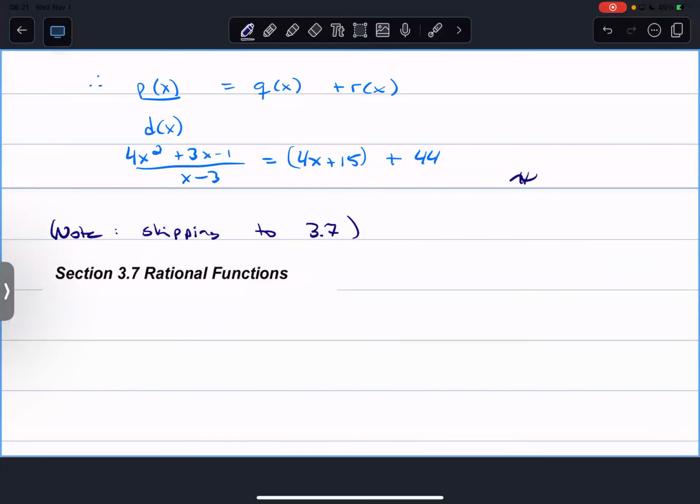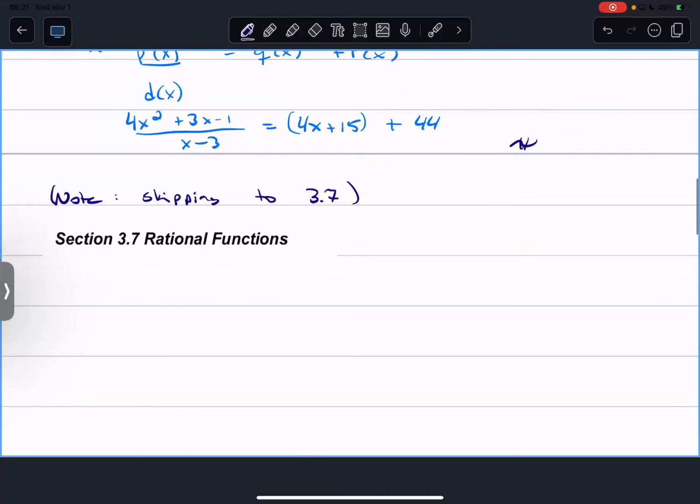Rational functions are when we have things like a polynomial divided by a polynomial, right? And now today we want to talk about how the graphs behave. And there's a lot of behaviors, but we're just going to talk about the most important things like the vertical asymptotes and holes in the graph.